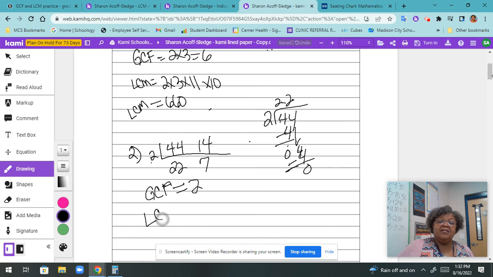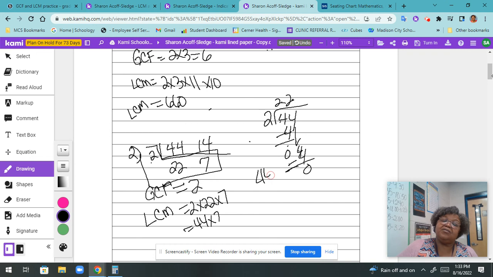And my LCM, I draw my big L, is 2 times 22 times 7. I would not have you multiply that out on the test. That'll be 44 times 7, which is 308.